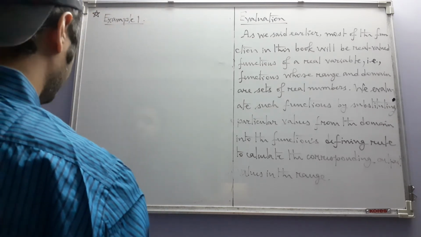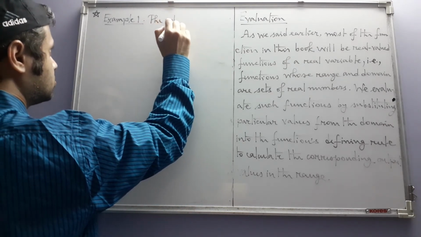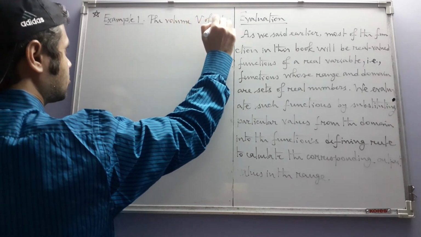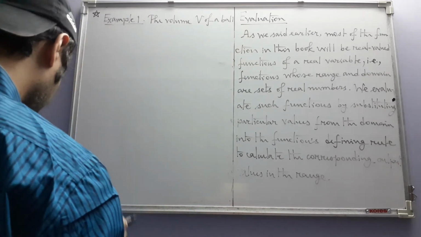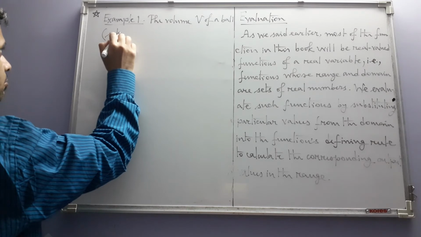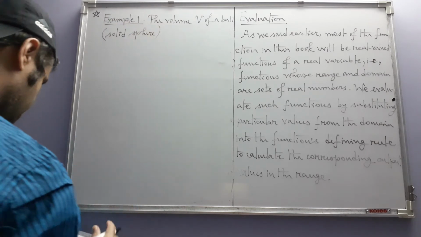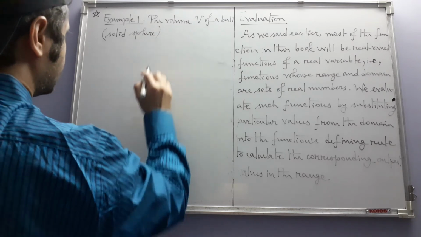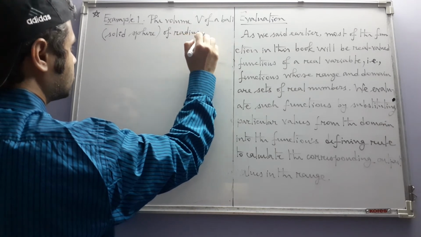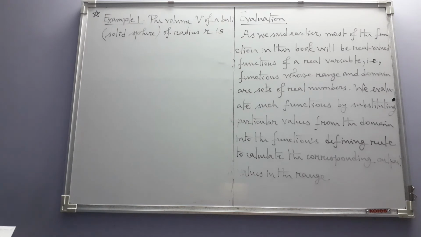The volume V of a ball, a solid sphere, of radius r is given by this function.